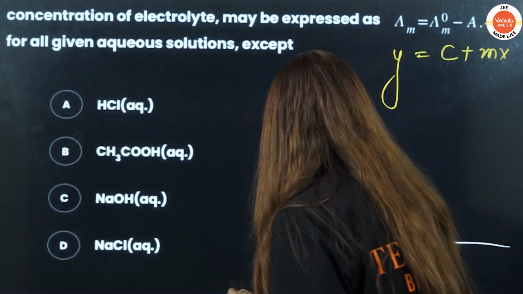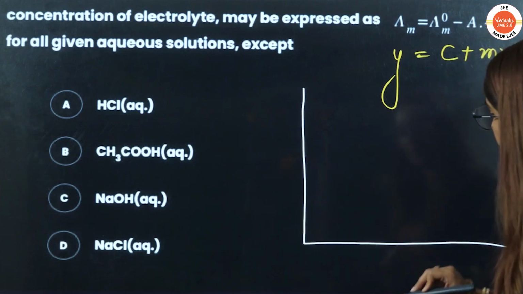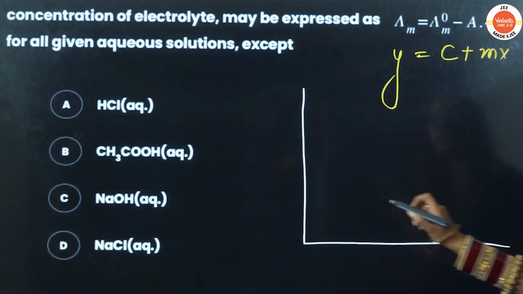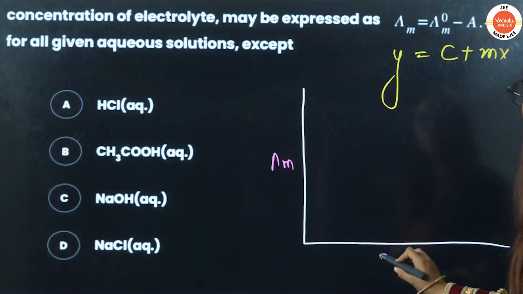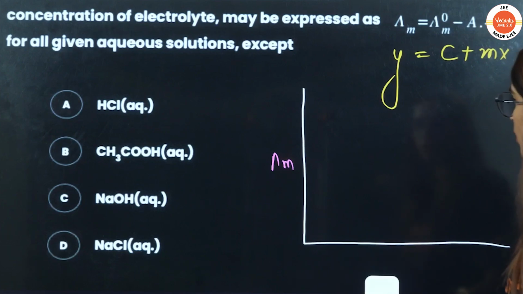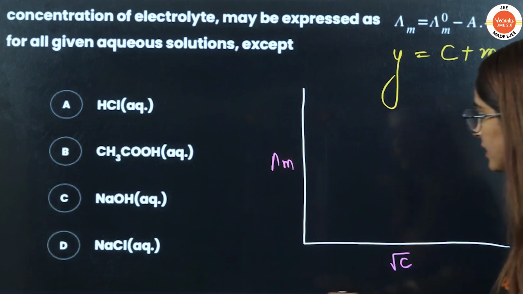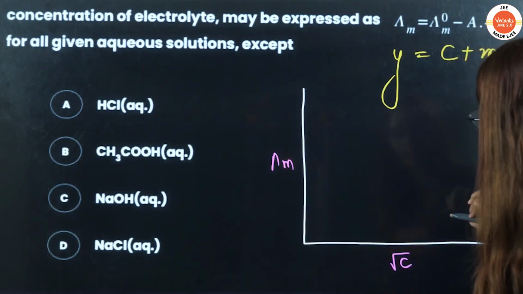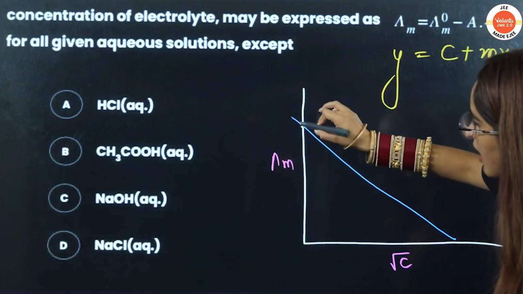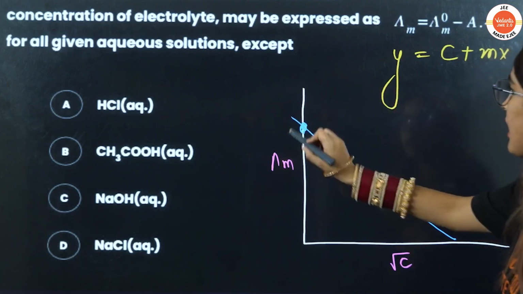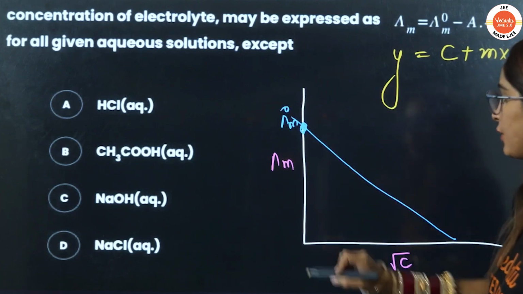If you see this here, you have two kinds of graphs that you can have. This can be your square root of concentration, right? So basically what you will see here is that the graph for a strong electrolyte is a straight line graph, which will cut and give you the intercept as the infinite dilution value.